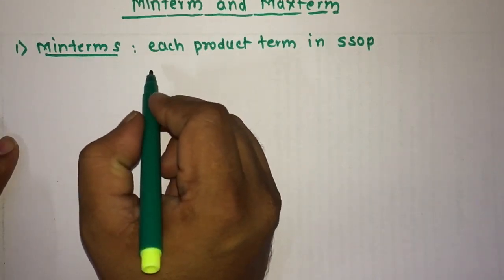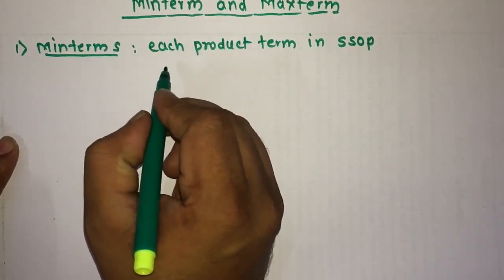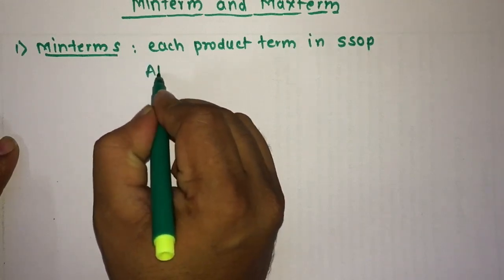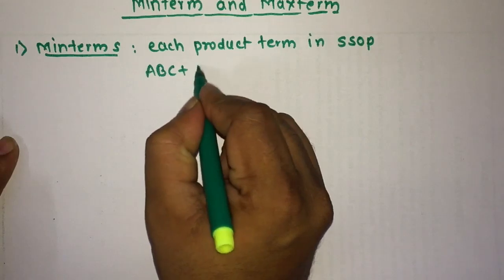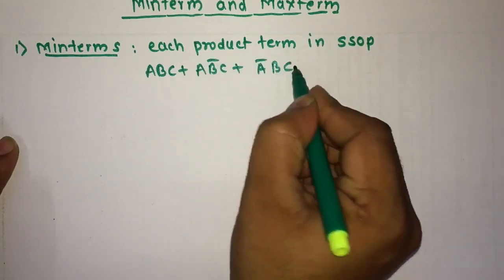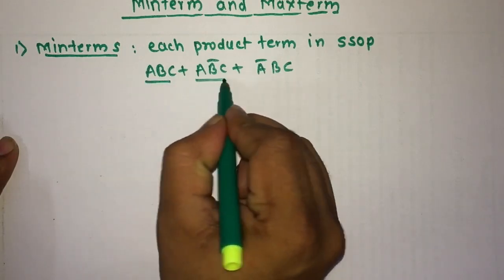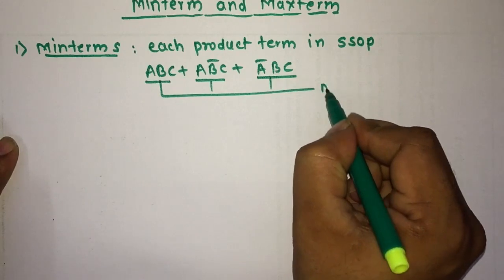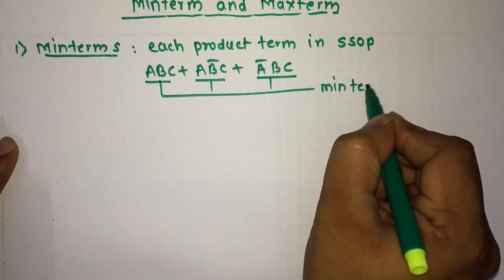Now we know what is meant by the standard SOP. Suppose for example we take ABC plus AB bar C plus A bar BC. Now these are the product terms, and these product terms are also considered as minterms.